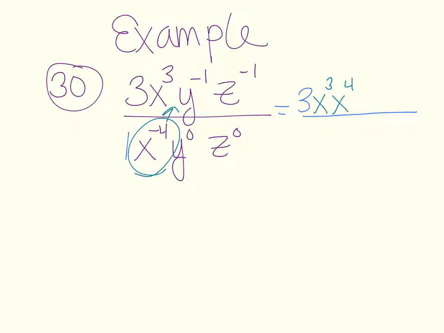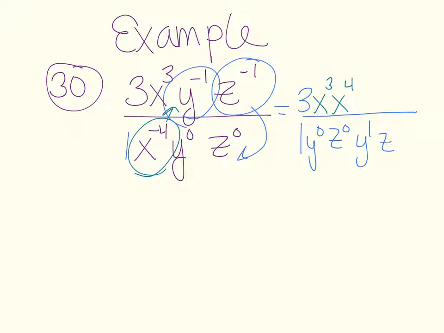Then I'm going to take y to the negative 1 and z to the negative 1 and bring them down. So on the bottom we have 1, and then we have y to the 0, z to the 0, y to the positive 1, and z to the positive 1. Now everything's positive, so I can begin simplifying.